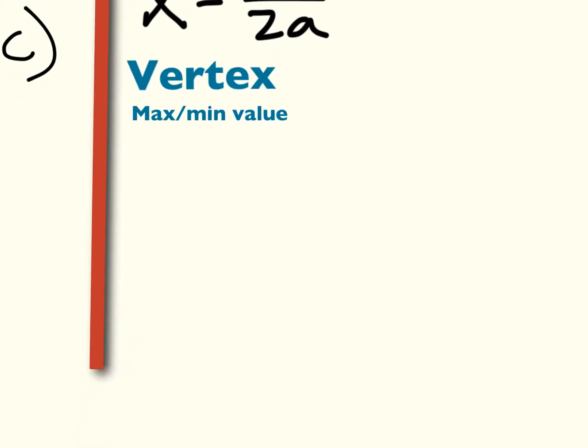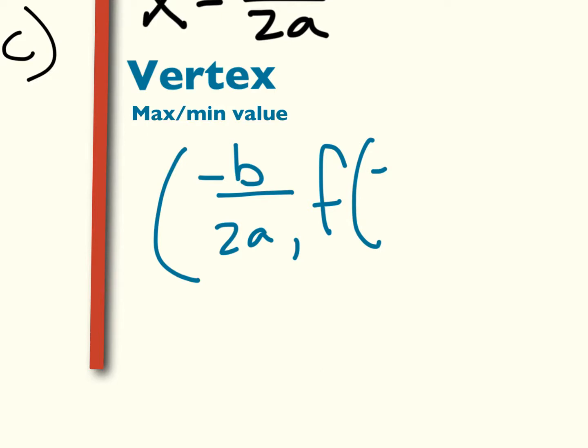So our point would be the opposite of b over 2a, and then to figure out the y value, you just plug it back in: f of the opposite of b over 2a. We'll do an example of this to see what this means.